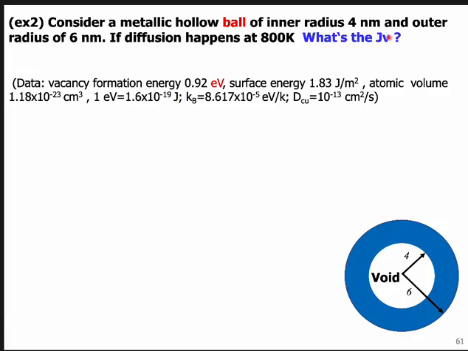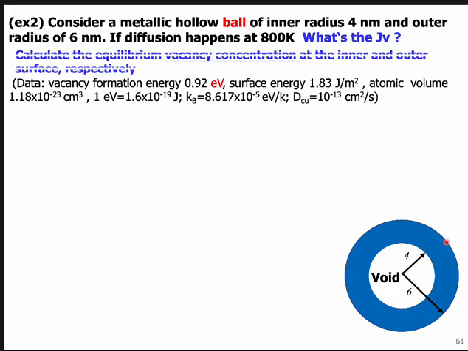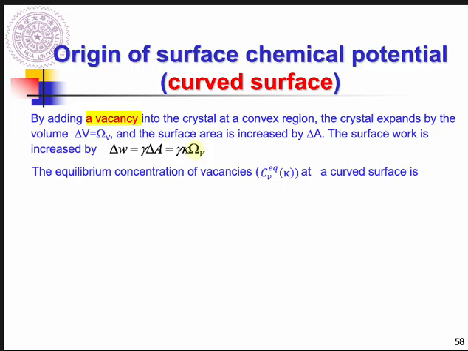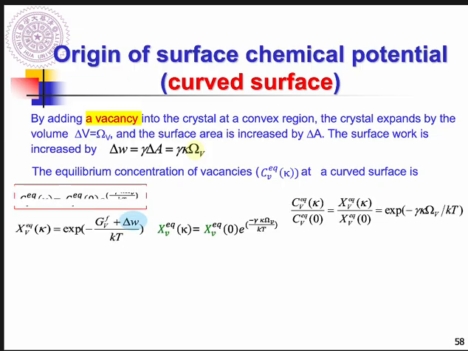So what's the JV? Probably the first thing that comes to your mind is that we have learned there's a vacancy concentration variation, and we even know the equations shown in the previous slide, right? So I can bring that up. It's here. You even know the concentration of vacancy as a function of kappa.